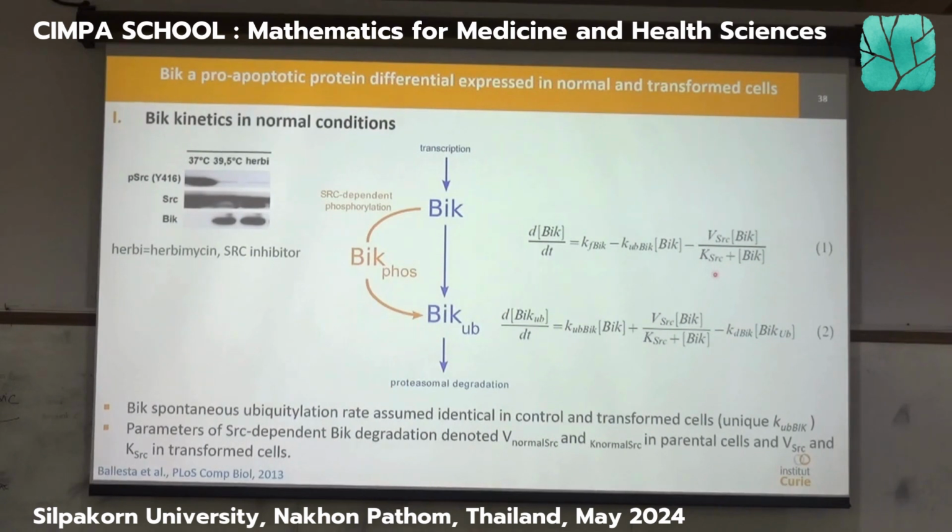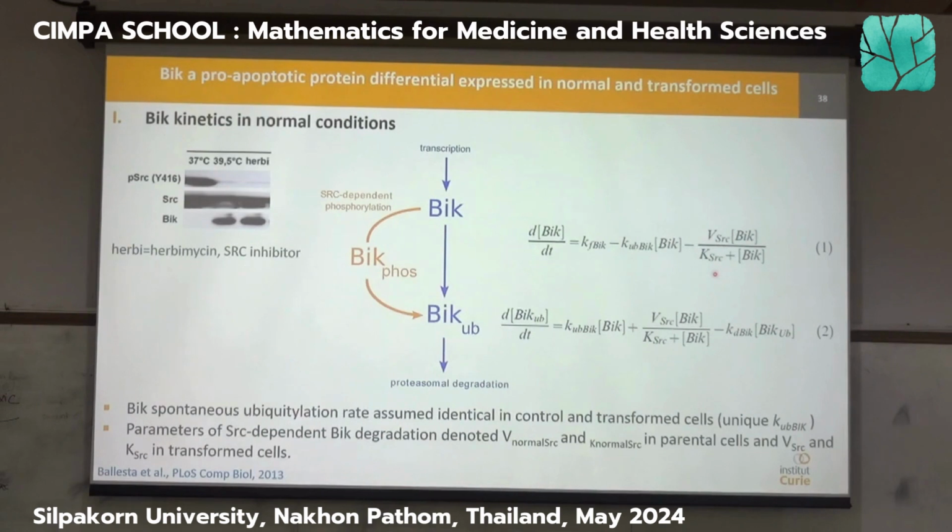And we know that this is super high in cancer, and this is super low in normal cells. So we expect VSARC to be very different between normal and cancer. Actually, SARC in normal cells is close to 0. On the opposite, SARC in cancer cells is super high.